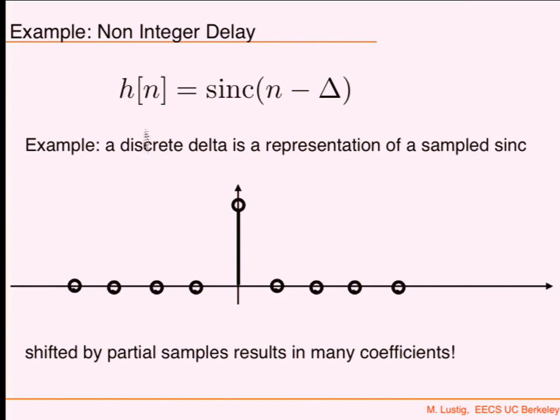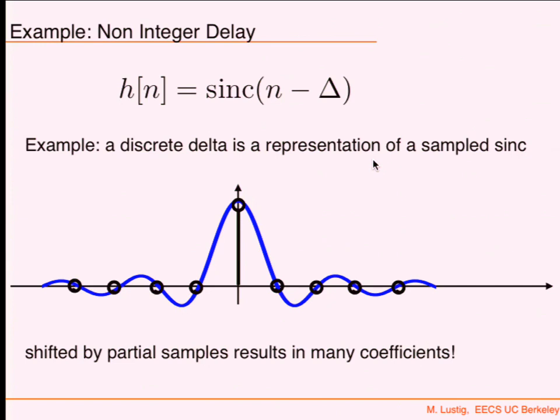And so a discrete delta is really a representation of a sampled sinc, if you think about this. So when you look at every discrete delta in the discrete time domain, you can also represent it as a sinc that I just sampled. Does this make sense? I sampled a sinc.